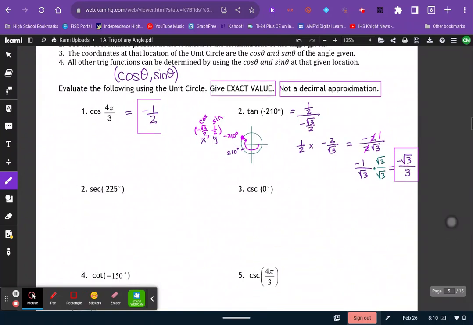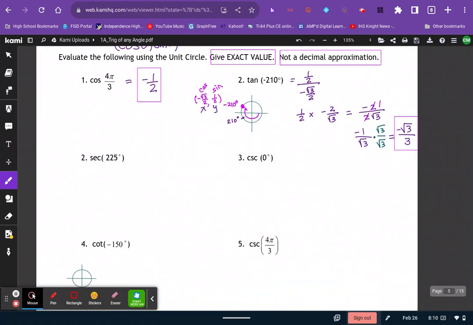Okay, moving right along. Secant of 225. I need to know who secant's married to. Who is secant's partner? And that is cosine. So first I need to find cosine of 225. Locate 225. Cosine is negative root 2 over 2.